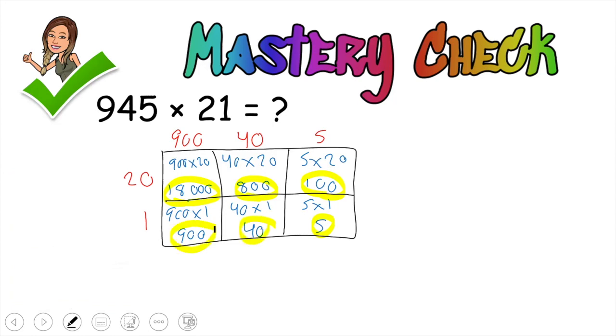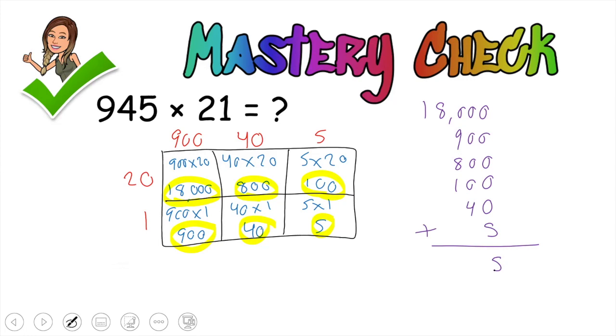and add them up. So we have 18,000 plus 900 plus 800 plus 100 plus 40 plus 5. And I know that looks like a lot of numbers, but again, feel free to break it up any way you want. Okay? So we have 0 plus 0 plus 0 plus 0 plus 0 plus 5, which is 5.